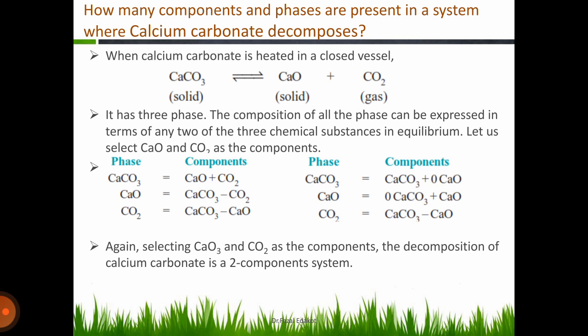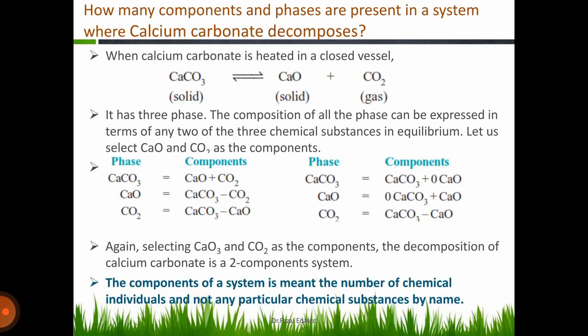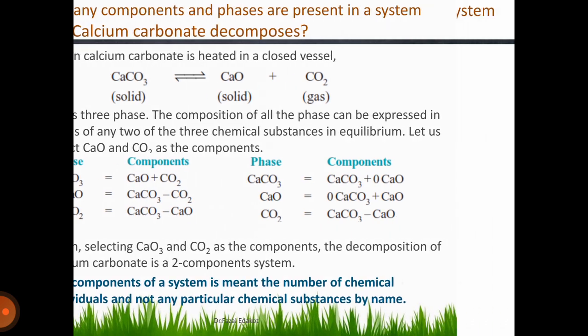So you have taken 3 phases and 2 different combinations of the substances. You can represent all the phases with those 2 components. So it is a 2 component system. The components of the system means the number of chemical individuals and not any particular chemical substances by name. Please note the point.